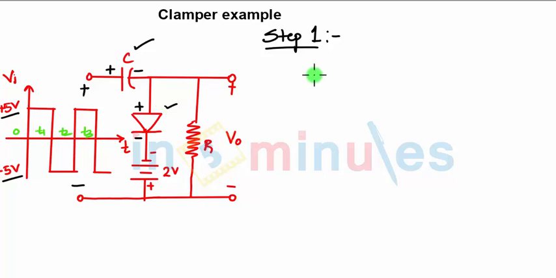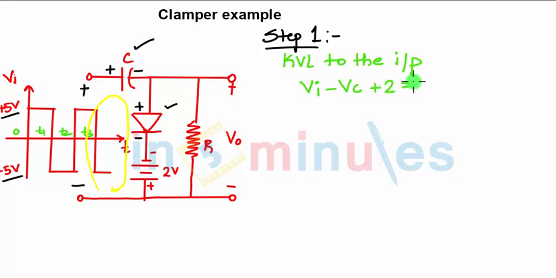So from the diagram, when you apply KVL in this loop, what will be the equation for KVL to the input? We'll have VI minus VC plus 2 equals 0. Now, if you are considering the drop across the diode, what will be the change in the equation?